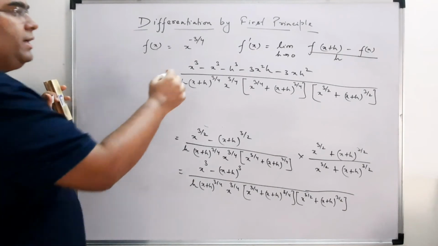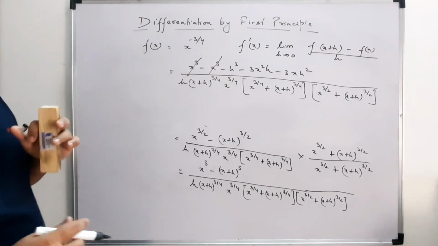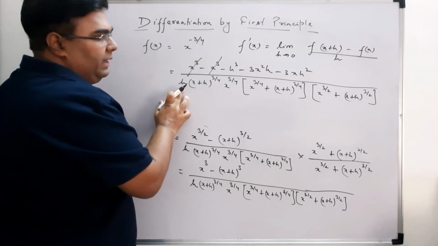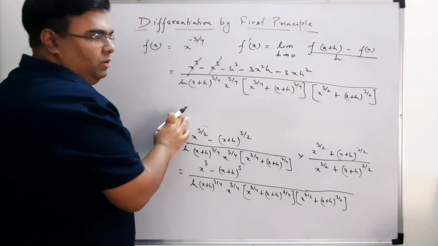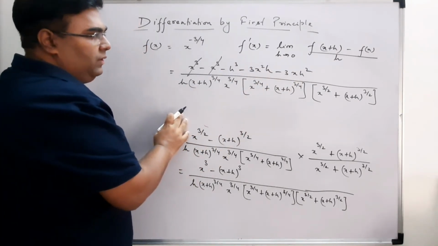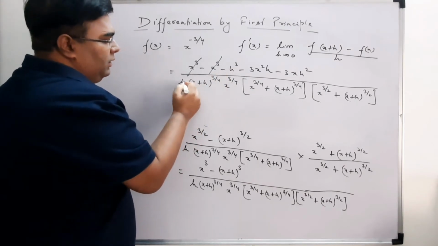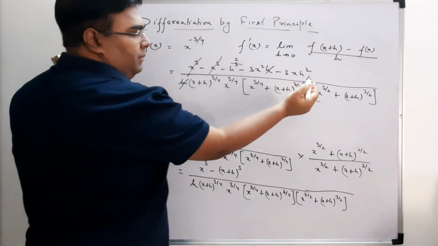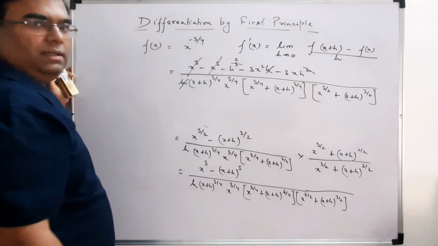Correct. So your x cube will get cancelled, and if you see here, your h can get cancelled from each of these. If you take h common from here, this h will be cancelled. It will be like square here. This will be cancelled. This will be cancelled.